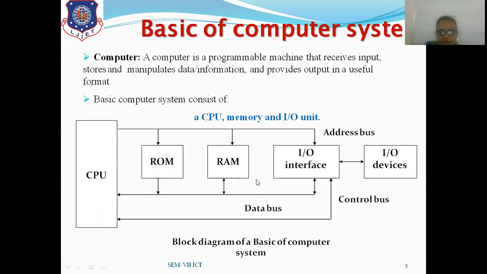We can read data and also write data in IO device and RAM. But in ROM, we can only read that particular data. We cannot write to that data. So it is unidirectional. Clear? And the external peripherals connected with the CPU are controlled by the control bus. Clear? So this is the whole basic diagram of computer system.